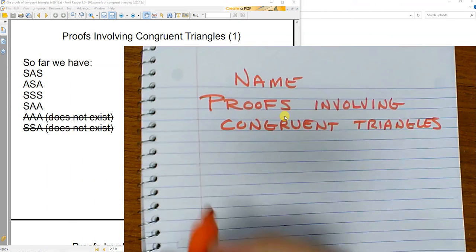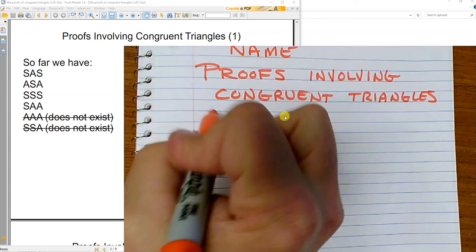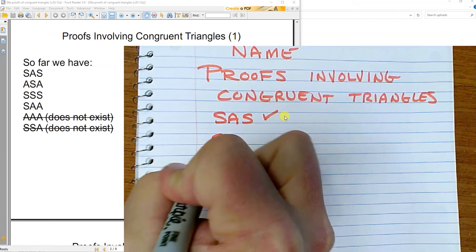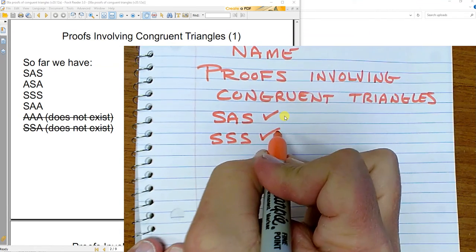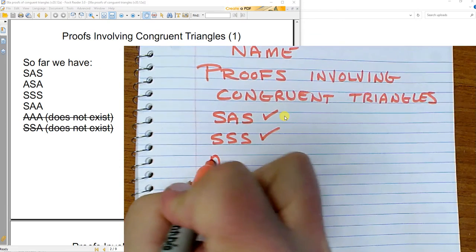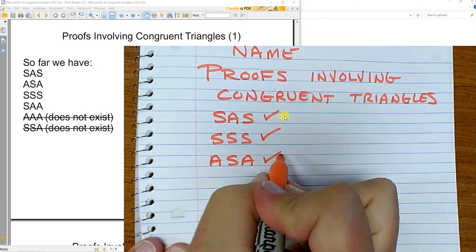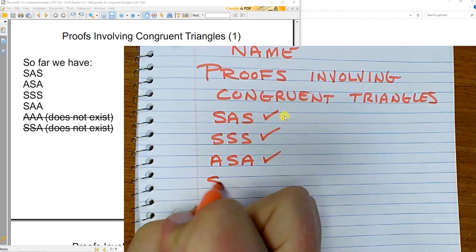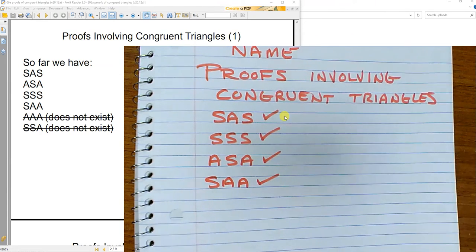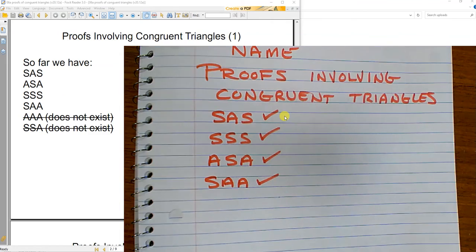We have SAS, SSS, ASA, SAA. Over here, we're going to do one of those big red, you can't have these.